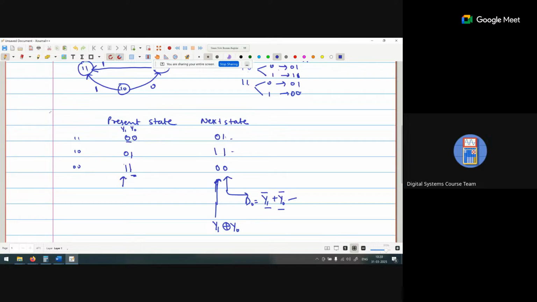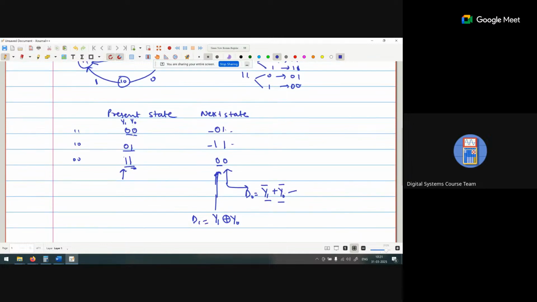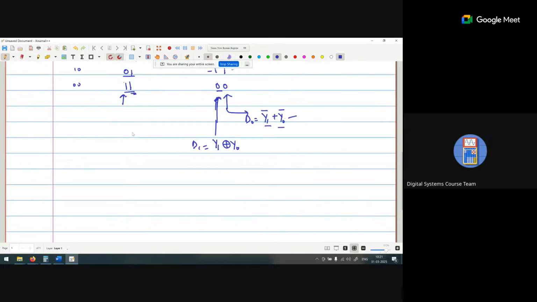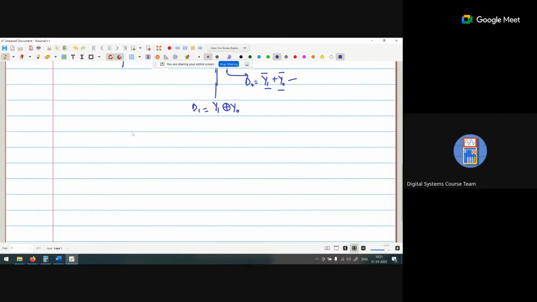XORing, because for 0 0 the output is 1, for 0 1 the output is 1, and for 1 1 the output is 0, if we are using the XOR gate. So this is our D0 and this is our D1. So we write the equation for D0 and D1.